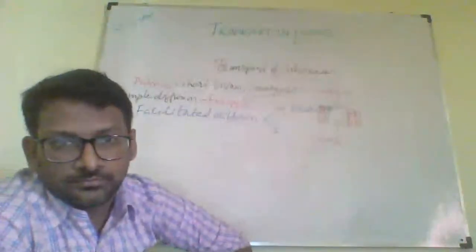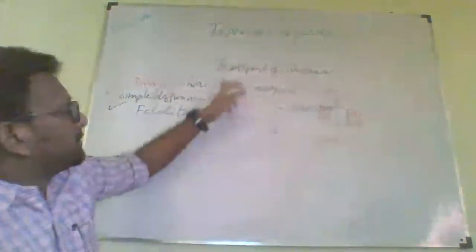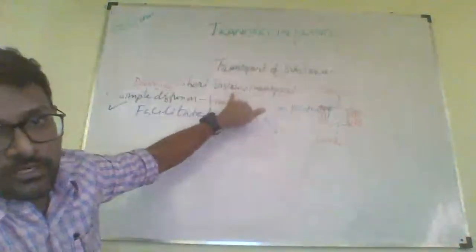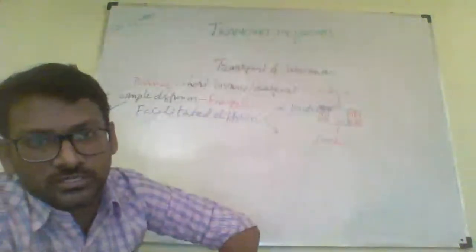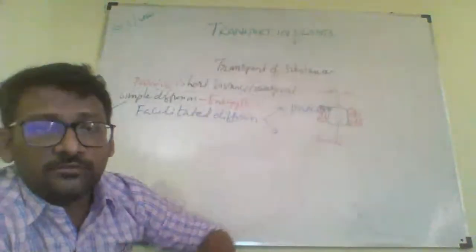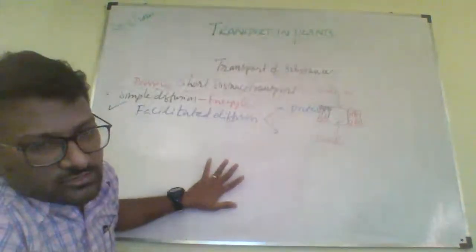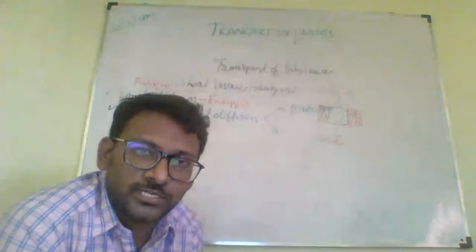Either in or out, right? So within passive transport, we are talking about one type of shorter distance transport, and we have one more, that is active transport. Let's finish passive transport and then we will come to active transport.